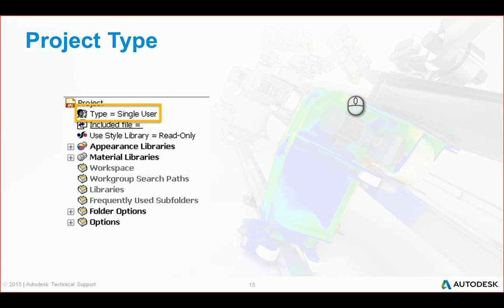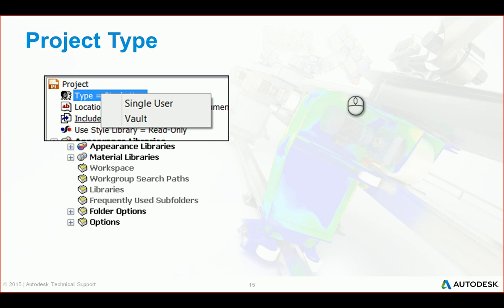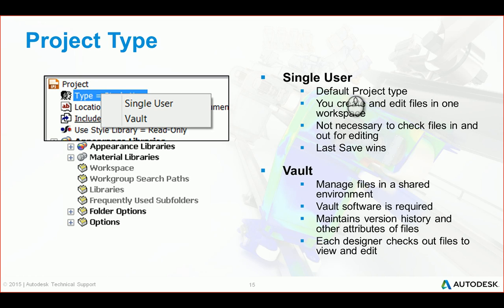Project files come in two types: single user and Vault. The single user is what is predominantly used. Vault is used specifically for Inventor with Vault. You wouldn't use a Vault project otherwise.